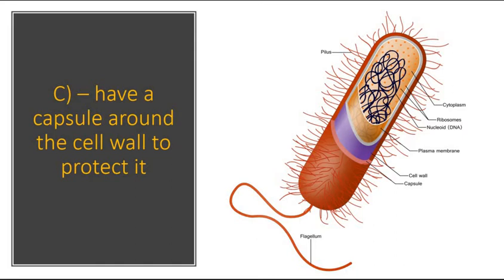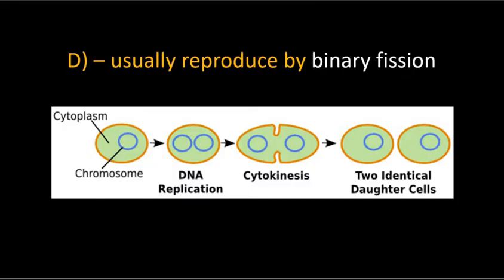Now, bacteria, as I said, generally don't have sexual reproduction. Most commonly, they have a process known as binary fission, which is where you can see you have the basic cell with the chromosome inside, right here. And what happens first is that chromosome duplicates.